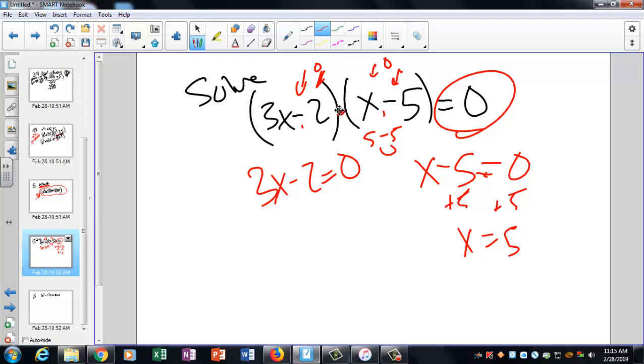So x equals 5 and x equals 2/3. If x is 2/3, this piece here is 0. And that's how that works. Okay. Any questions on that?